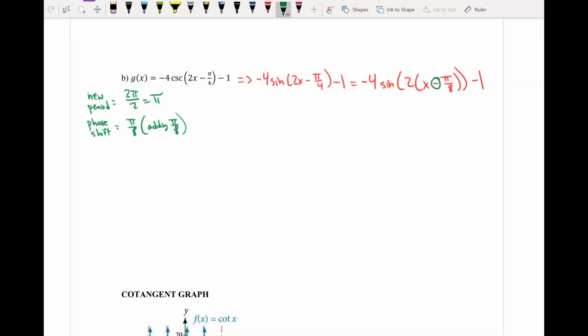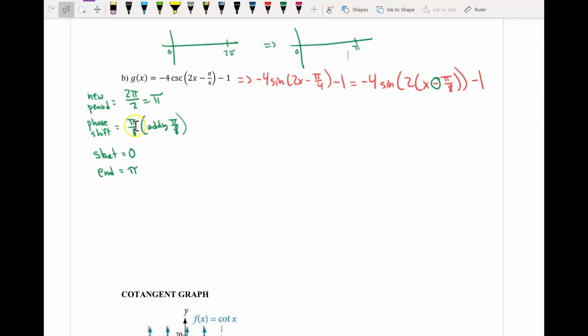Okay. So right now, my starting point will be at 0, and my ending point will be at pi, because instead of going from 0 to 2 pi, now I'm going to be going from 0 to pi. Okay, that's my new period.